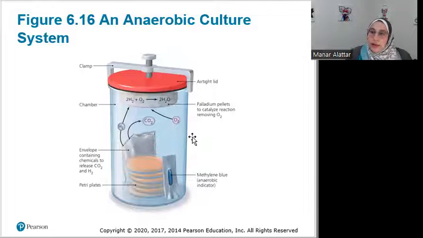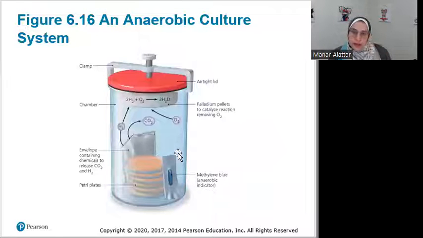There's also a less expensive way of doing this: just put a candle in the jar, and the candle will burn until all the oxygen has run out, and then that will be an anaerobic jar. I have a video of that in the description below. Either of those methods will allow you to incubate these plates in either an aerobic or an anaerobic setting. Okay.